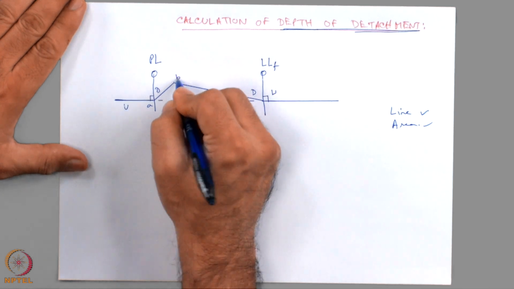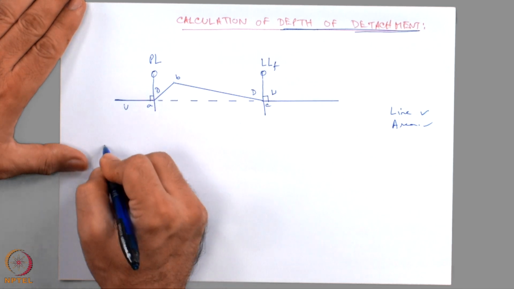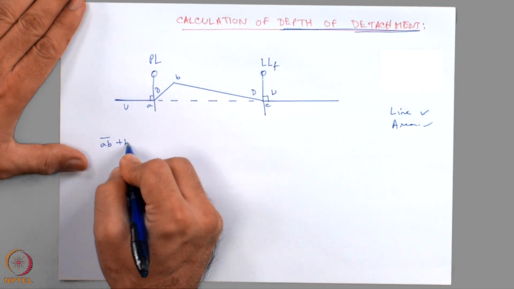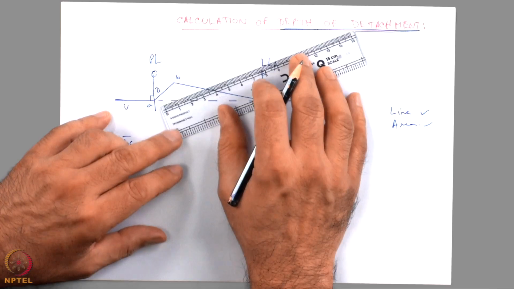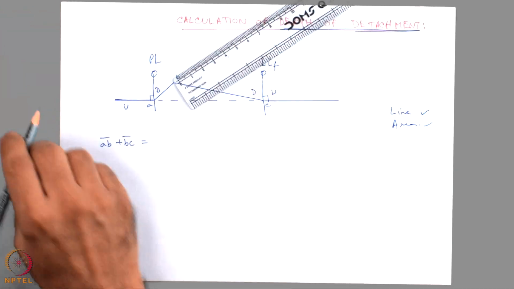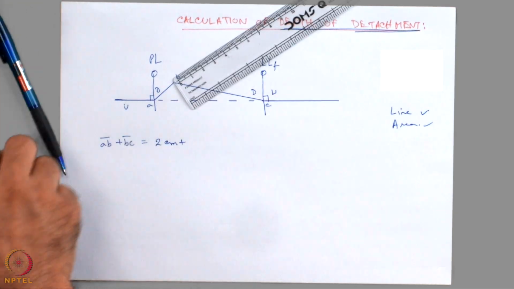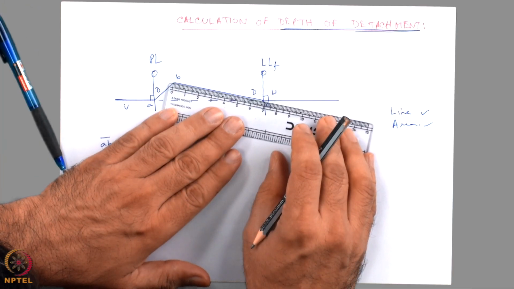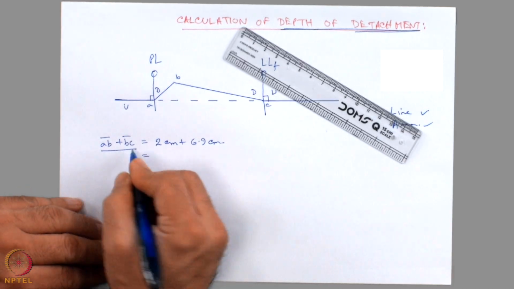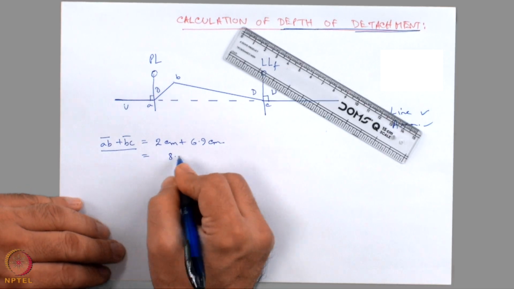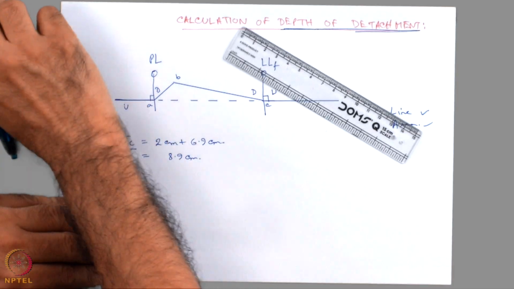The distances AB and BC can be obtained and added up. In my drawing, AB is 2 centimeter and BC is 6.9 centimeter. So, the total length AB plus BC is 8.9 centimeter.